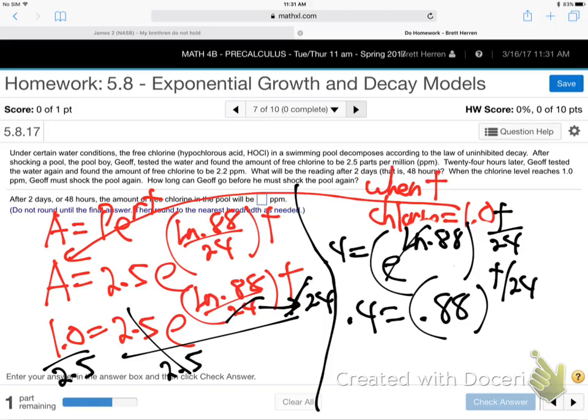How do we solve for T? What do we have to do? Ln of both sides, because T's in the power. T's in the power again, right? T's in the power, so you know what that means. Ln of both sides, yet again.